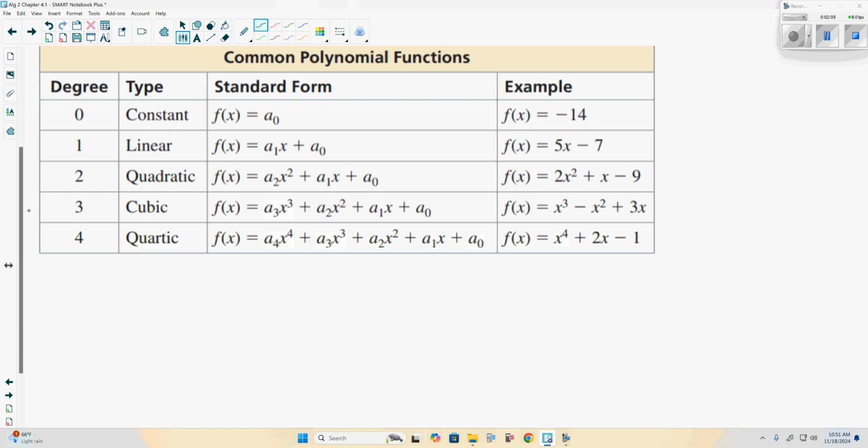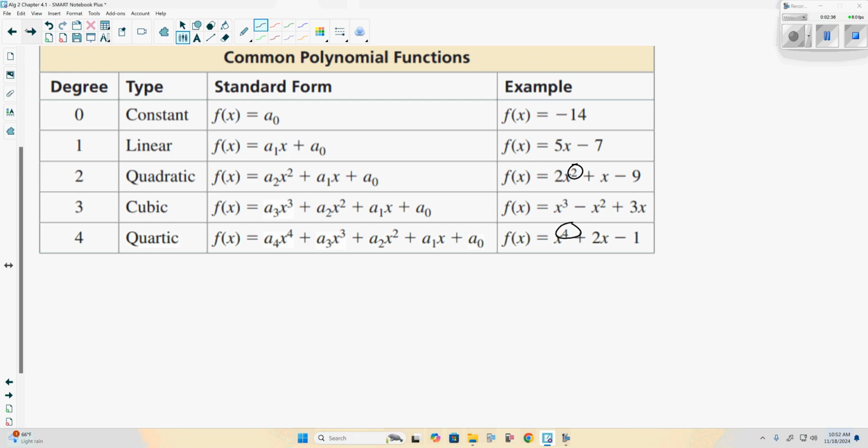We call it a quadratic because the degree is 2. The biggest exponent attached to a variable is 2. The one after that's cubic, because the degree is 3. The biggest exponent attached to a variable is 3. And lastly, quartic, because the biggest exponent is 4. We kind of get how this works so far, yes?